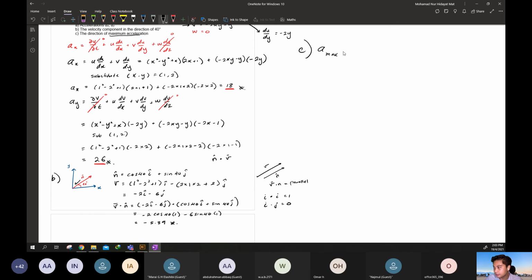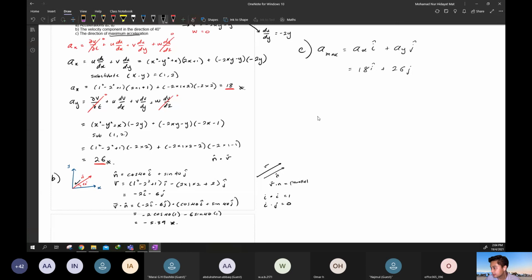A maximum is actually AX in the i direction plus AY in the j direction. So AX is 18i plus AY is 26j.